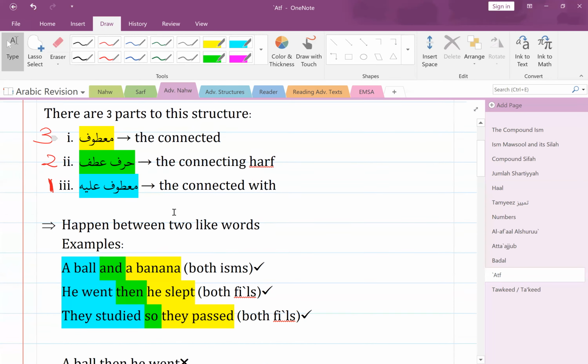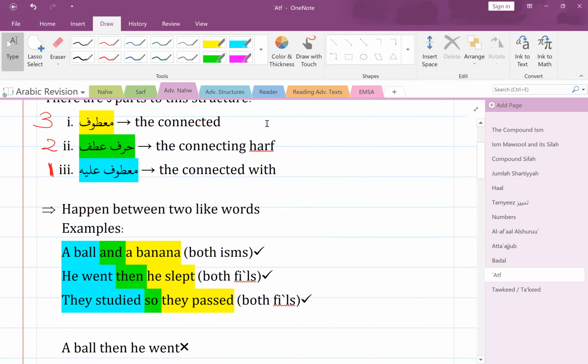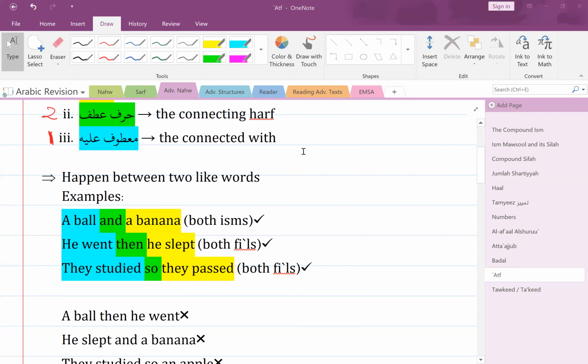Okay. Now this comes between two like words. They have to be similar. For example, you can say a ball and a banana. They're both isms. Basically, you can make banana ma'tuf to a ball because they're both ism. Or I can do it with fi'ls.